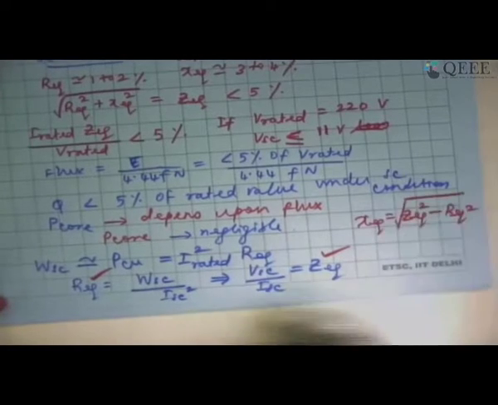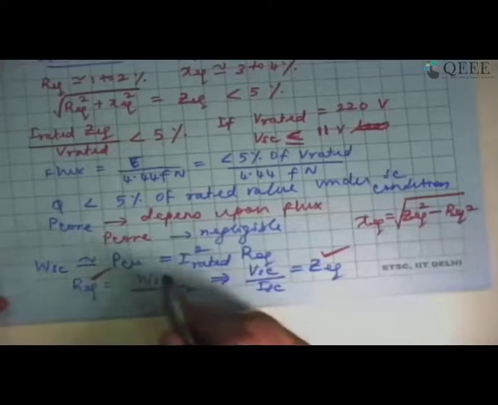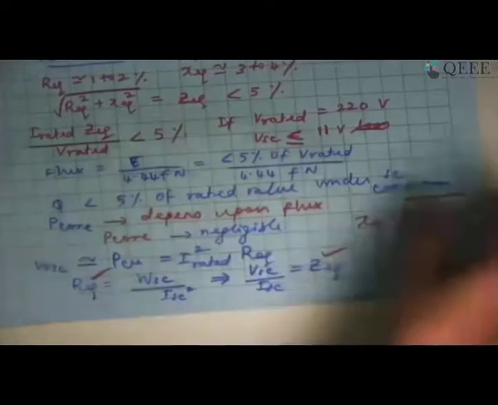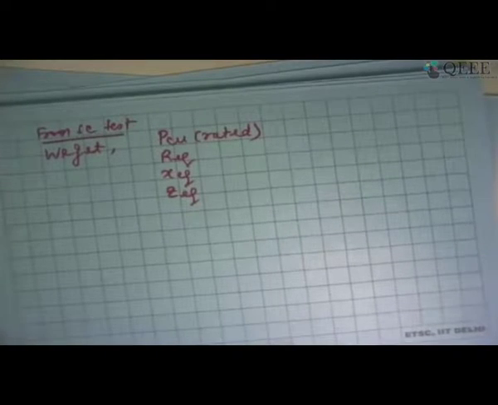So I have got X equivalent, Z equivalent, R equivalent, and rated copper loss. So from the short circuit test, we get R equivalent, X equivalent, and Z equivalent. These are the things that we are going to get from short circuit test data.